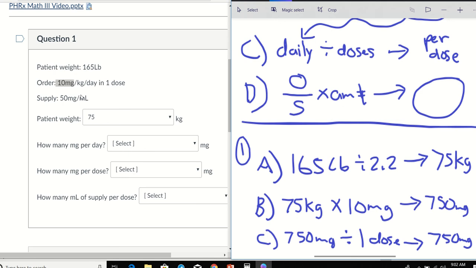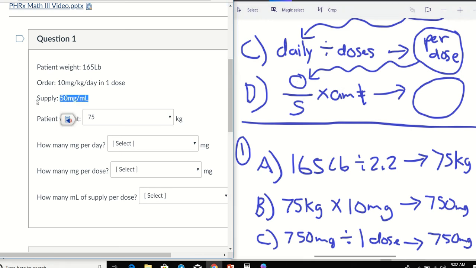The last step, we're going to use our supply. So for this one, it's just going to be order over the supply. So in step C, you found your per dose amount. That is your order per dose. So you found your O, you need to divide that by your supply, which is given in your question here.